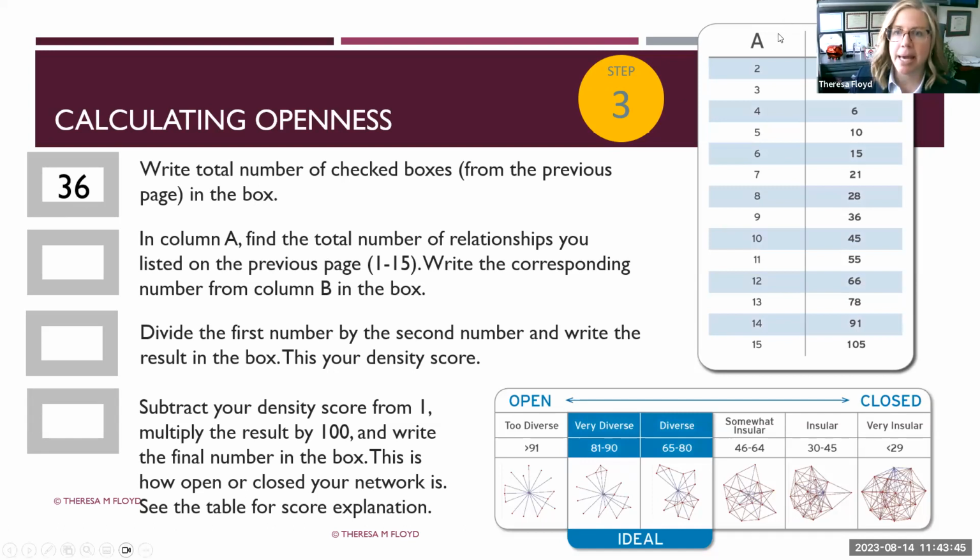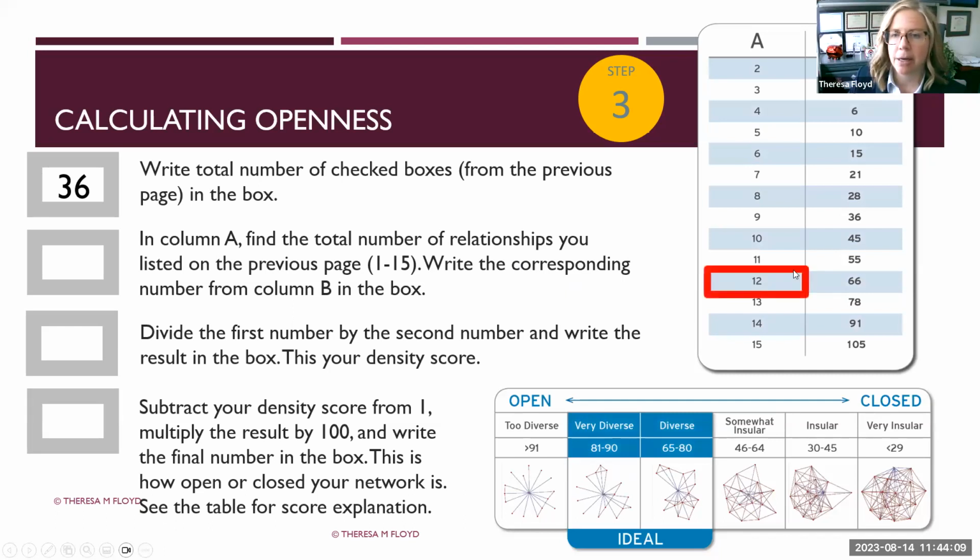Next, in column A, I want you to identify the total number of people that you listed. So the people that you have a relationship in your network, you could list up to 15. You'll notice this goes from 2 to 15, right? And what I want you to do is write the corresponding number from column B in this box.